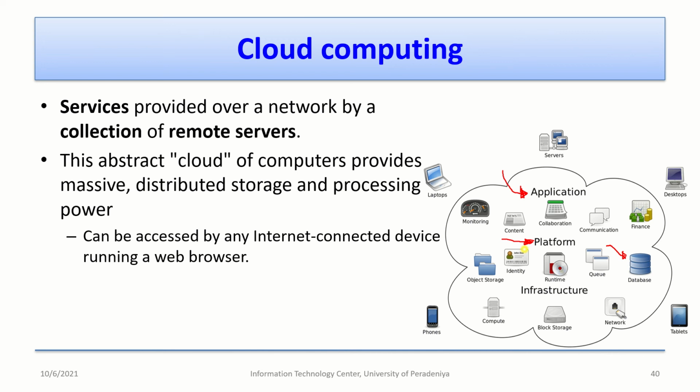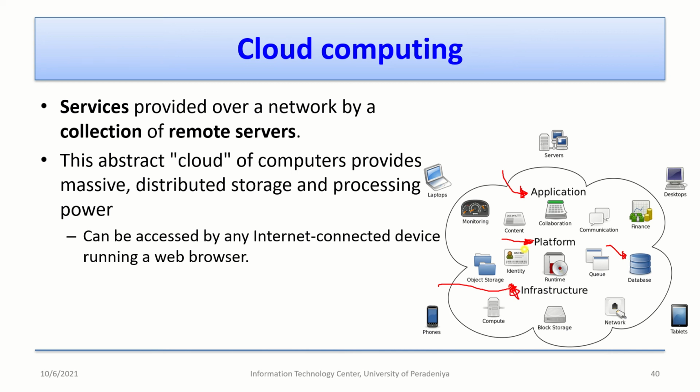So the next one is infrastructure. Infrastructure means we can use the cloud services as an infrastructure. That means we can use the remote hard disk to store our data. In that case, we don't have an application. We don't provide the application by the cloud services.